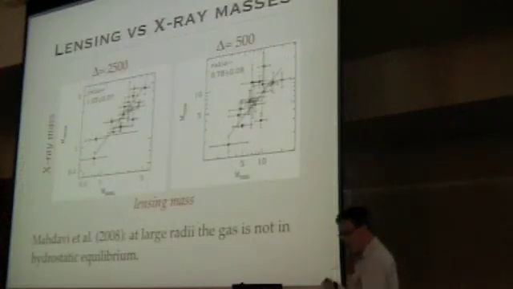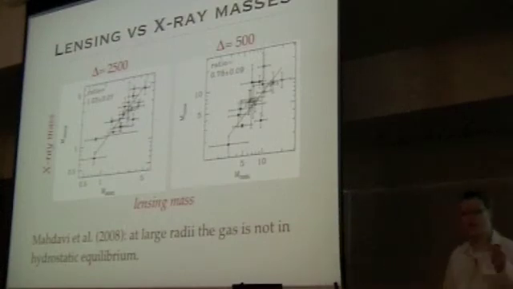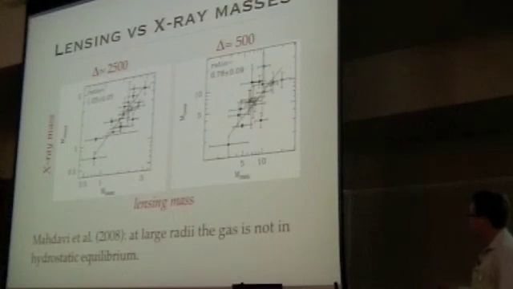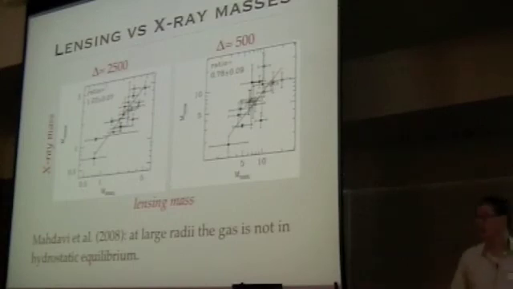Something we did a few years back with Andy Mahdavi for a smaller sample is compare the lensing masses to the X-ray masses. That's sort of the most obvious thing you could do. And what we find there is that when we look at small radii, where the mean density is 2,500 times the critical density, there's very good agreement.